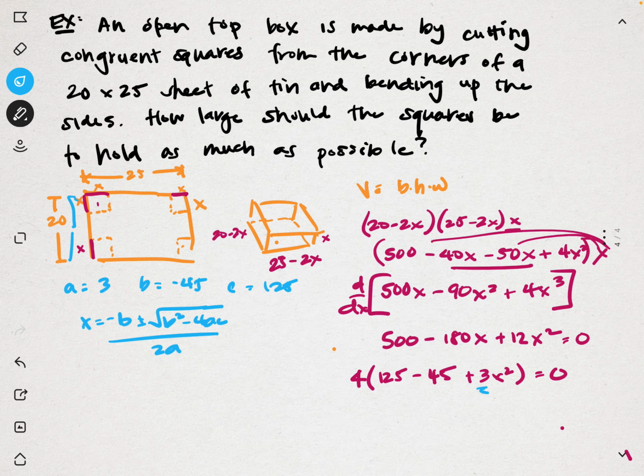Okay, and then when we divide that by 6, we get 3.681. And this is reasonable, right? Because we can definitely cut 3.681 from here and from here and still have some left over, as well as from here and here. So this would be our answer.